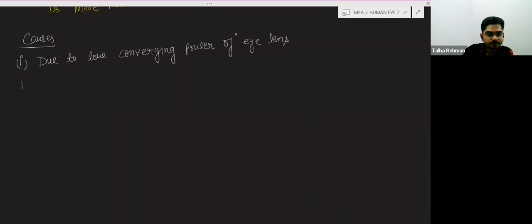Second cause. There in myopia, what was the other cause? The eye wall becomes large. But here the cause is that the eye wall becomes small.